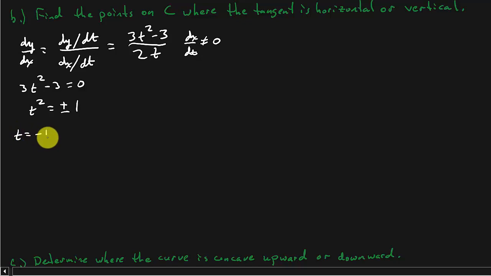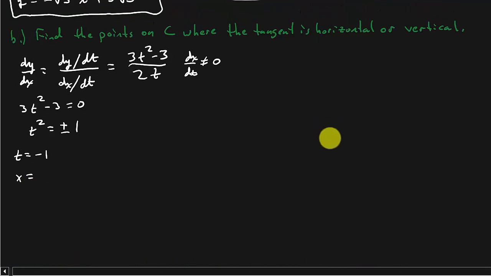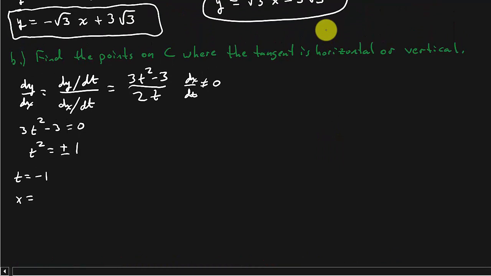So what points does that correspond to? Well, when t equals -1, we get x equal to what? Now remember in our problem, let me write it right here, x is equal to t squared, and y is equal to t cubed minus 3t.